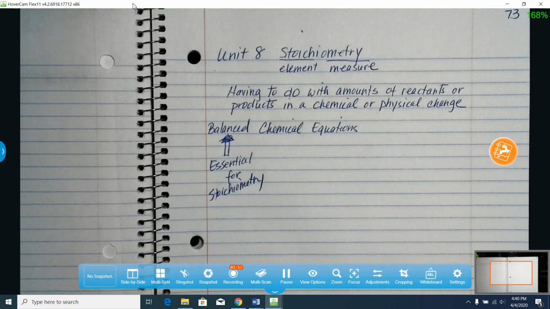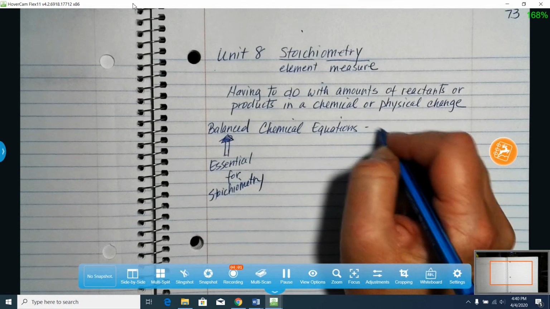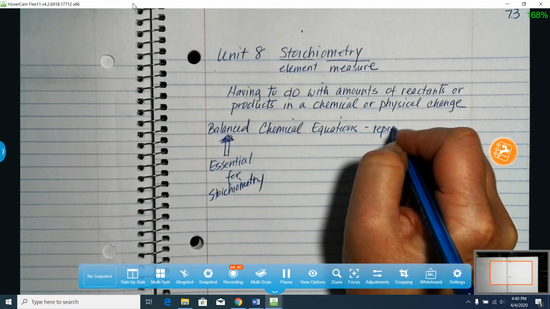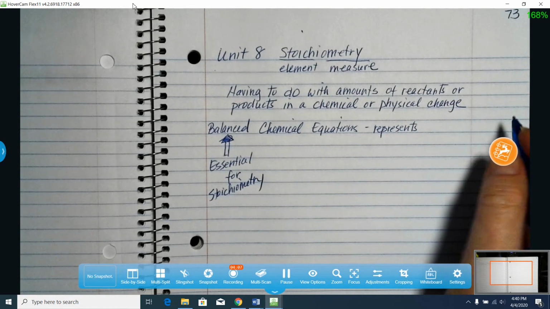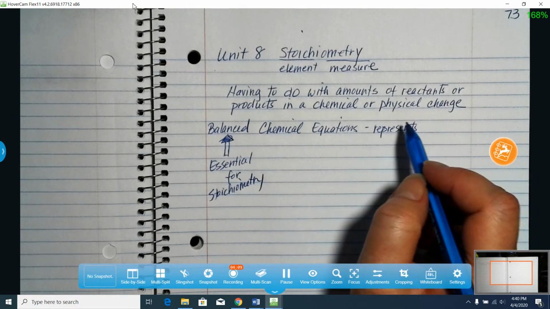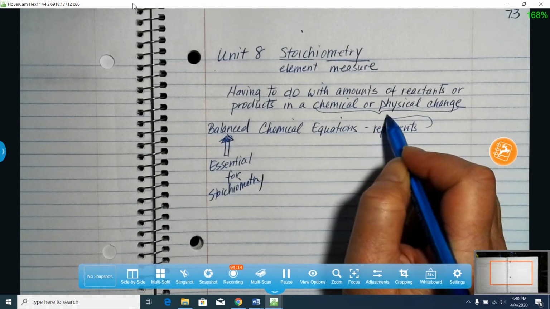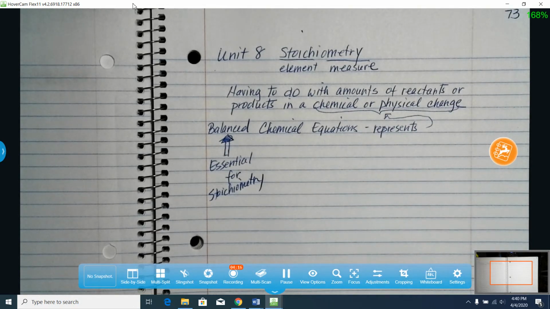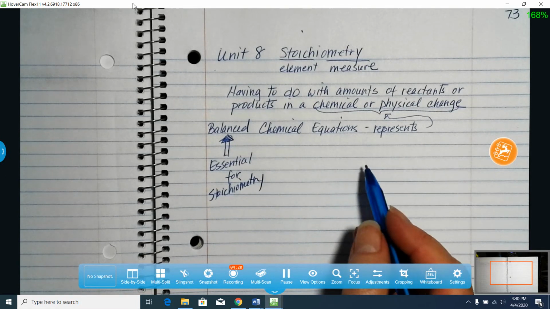Okay, so what is a chemical equation? Well, it represents this. It represents this. Okay, so let's look at an example.